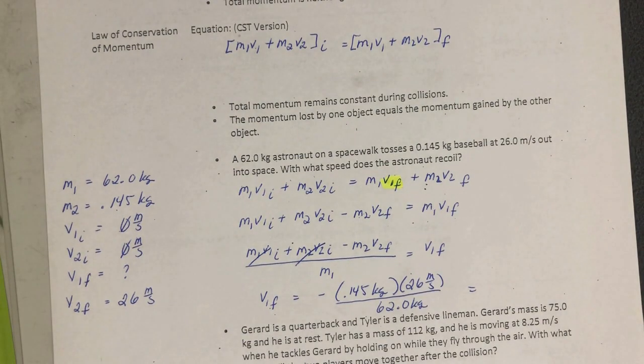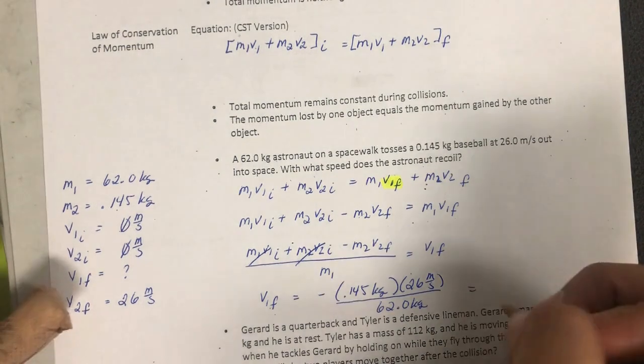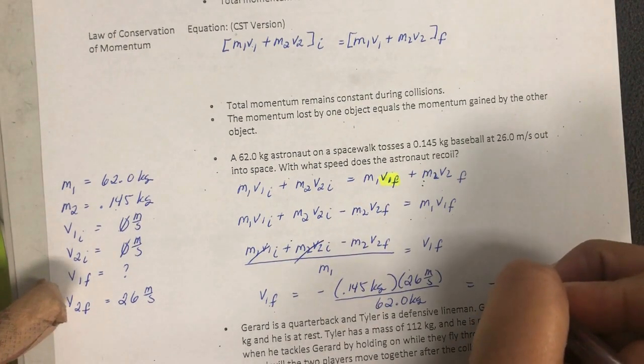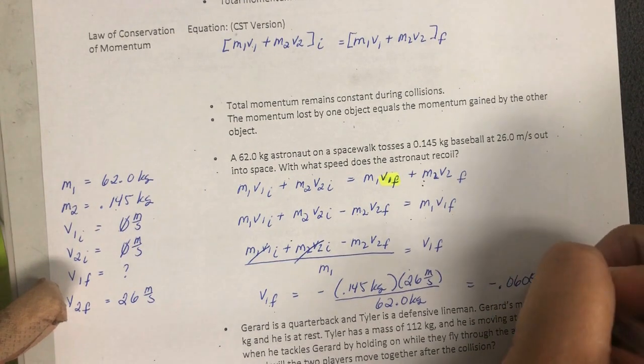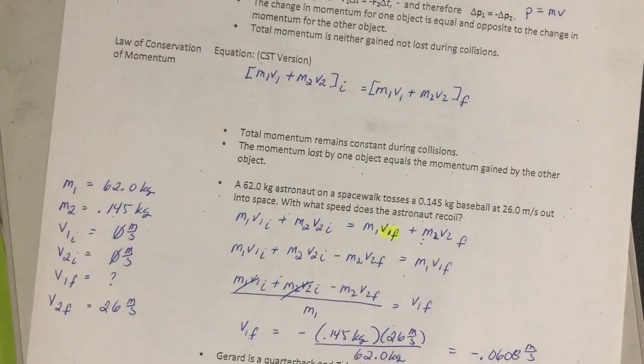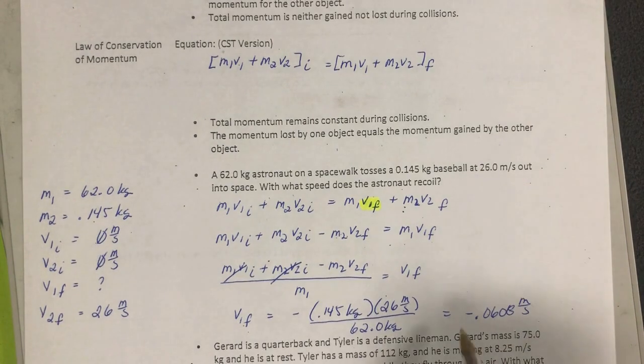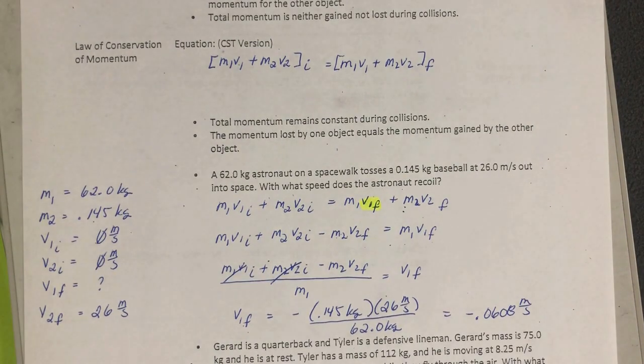And the answer comes out to be negative 0.0608 meters per second. Now, does it make sense that it's negative? Yes, because it's recoiling. The ball goes in one direction, he throws it, and he is pushed backwards, so he's moving in the opposite direction.